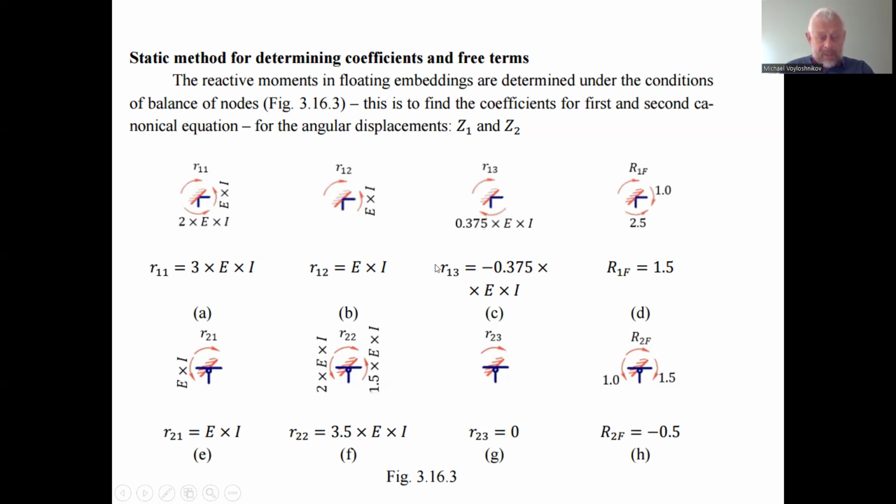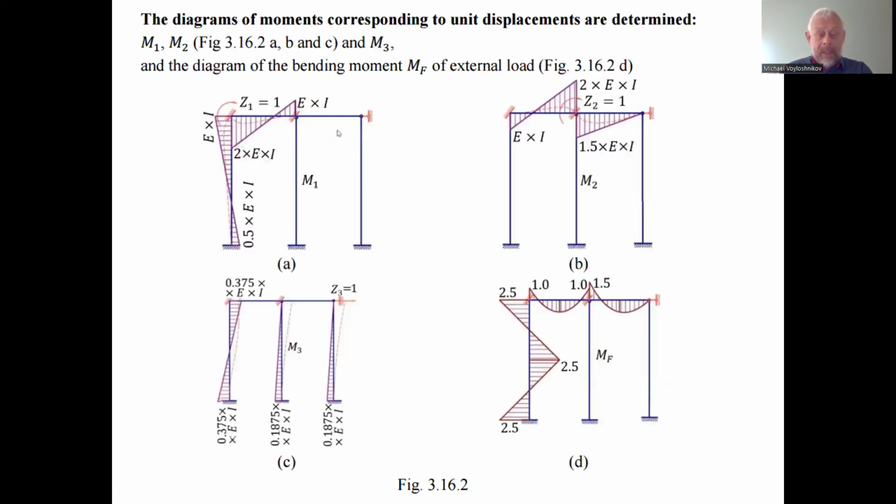Actually, it could be just the bending moment under the kinematic action of unit displacement, or it could be forces under the action of the unit displacement of the unit supports, the extra supports. So on behalf of the lateral displacement, we'll consider the diagram of the bending moment in the first extra connection.